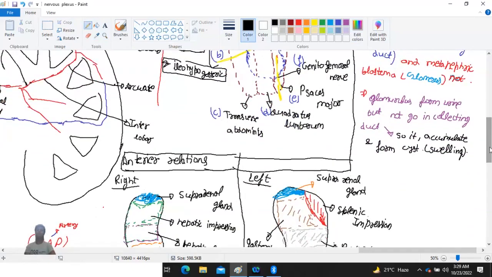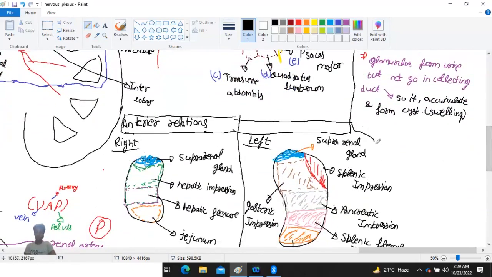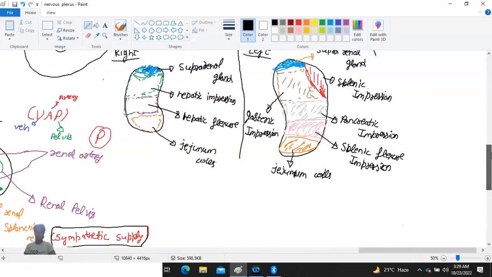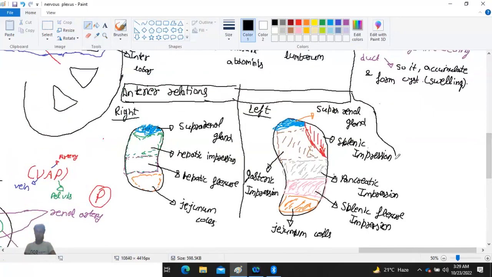Next is horseshoe-shaped kidney. It is also an embryological defect in which two kidneys are fused at the inferior pole.